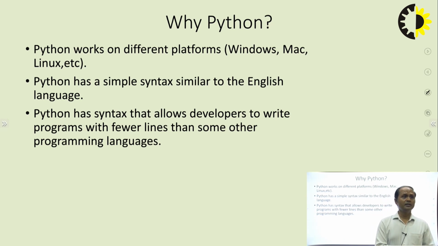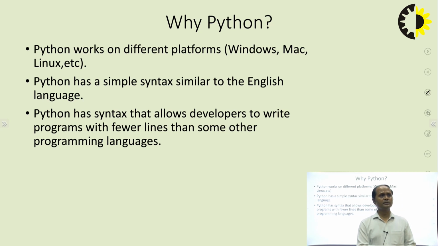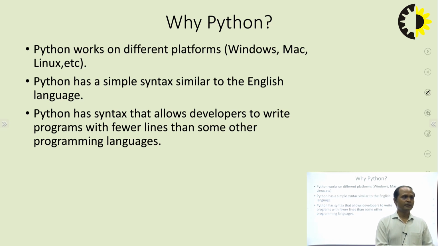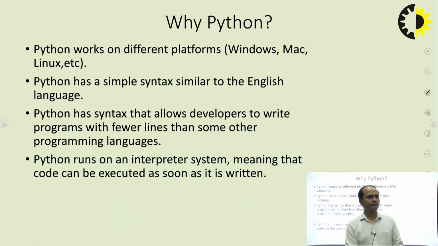And Python is also a syntax-free language. Like in C, we must use every syntax very specifically, but in Python the developer writes a few lines of code, and even if we miss any syntax like a comma or colon, it can run easily because it's a feature of Python.